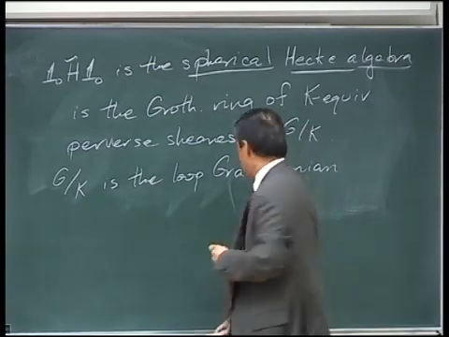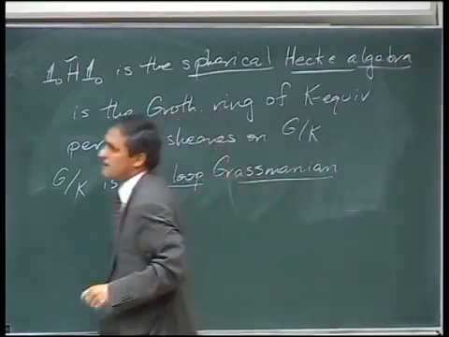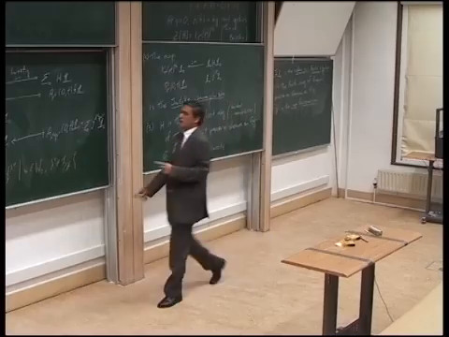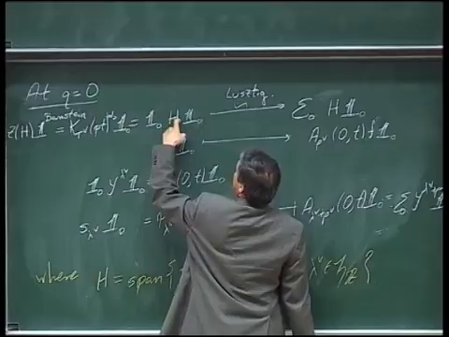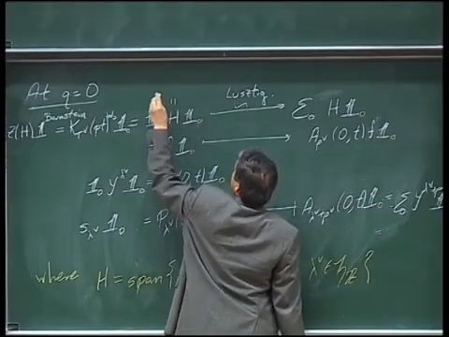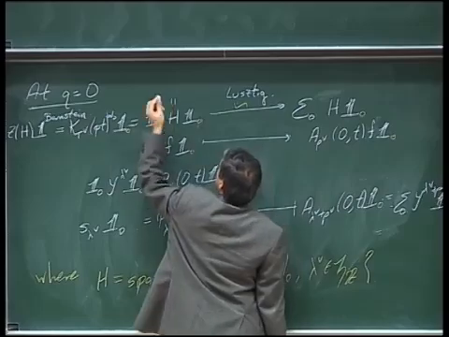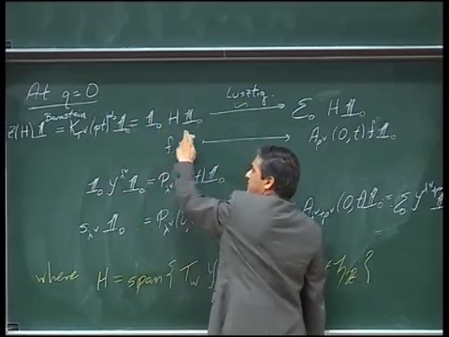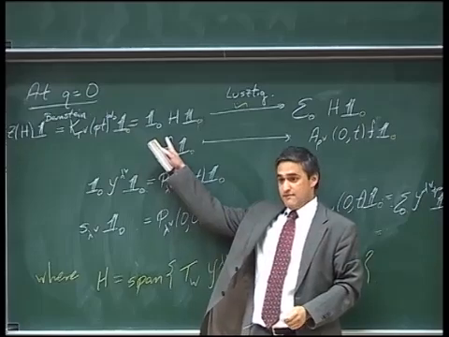Okay, so it means that in this picture, right here, I have perverse sheaves on G mod K.